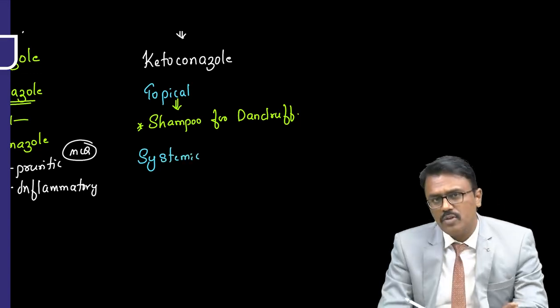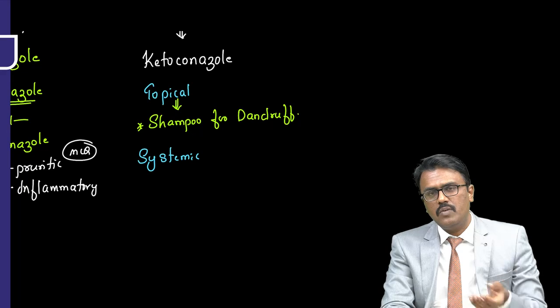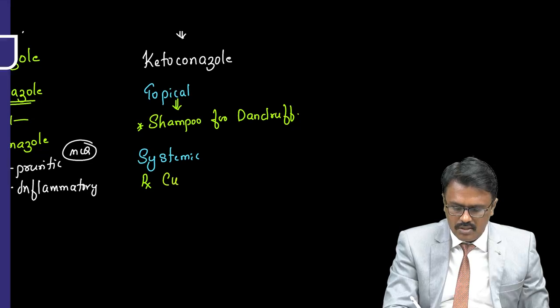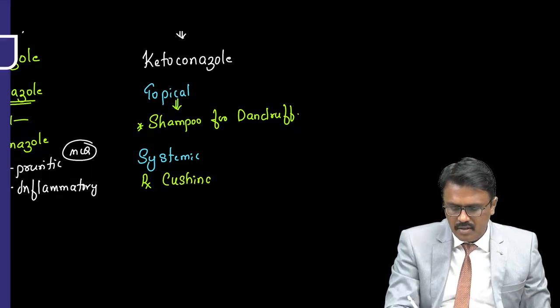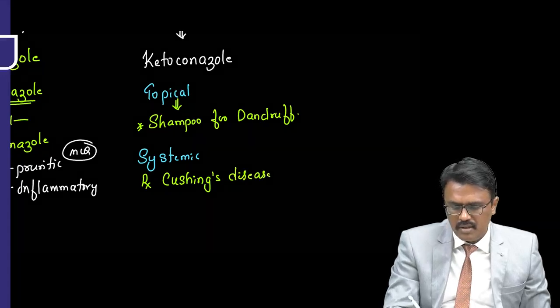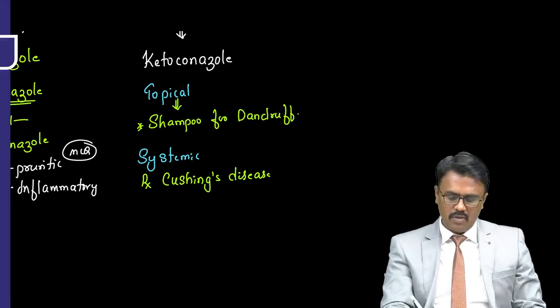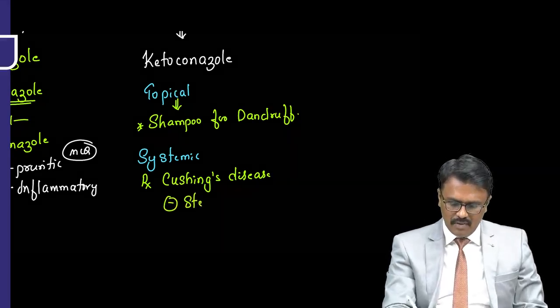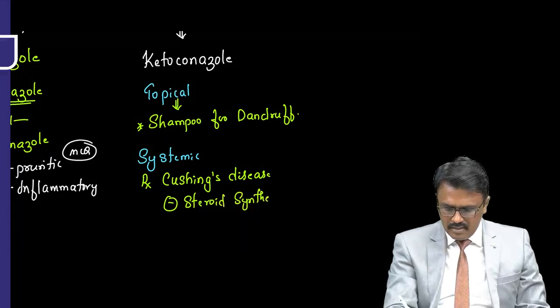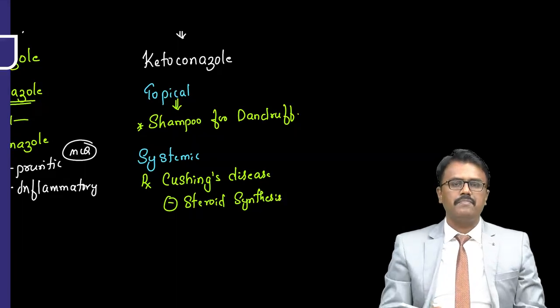Please remember, ketoconazole inhibits steroid synthesis. So where do you give it orally? To treat a condition called Cushing's disease. In Cushing's disease, the steroid synthesis is more and we want to suppress it, because ketoconazole inhibits what? Steroid synthesis. Very important. That is ketoconazole for it.